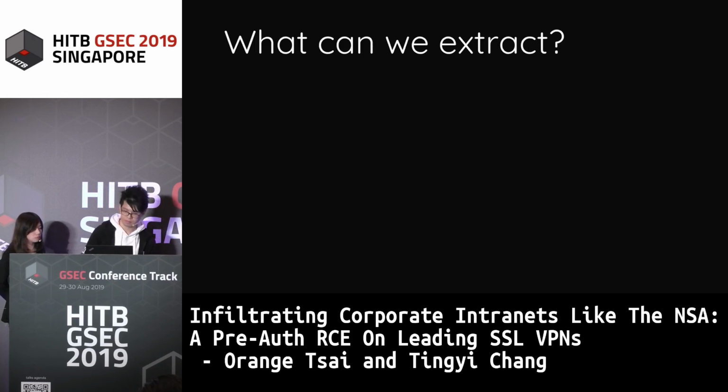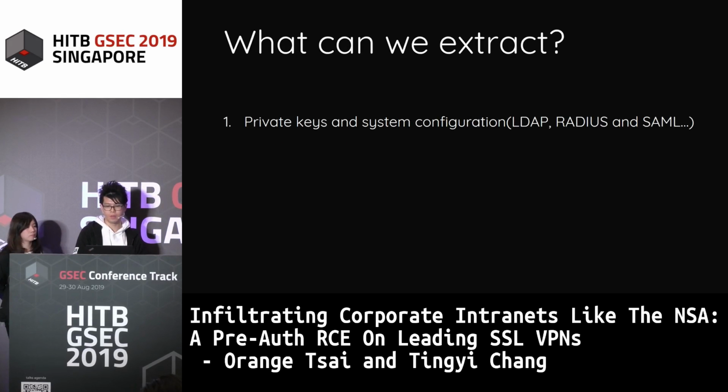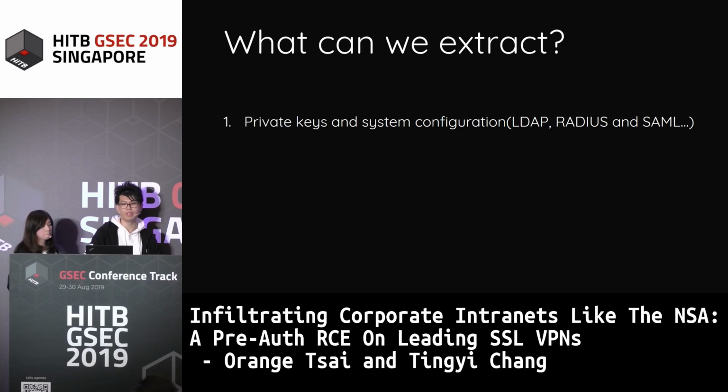And what can we get from this? We can get numerous useful pieces of information, such as the server private key to decrypt the SSL connection. We can also get important configurations such as the RADIUS and LDAP passwords.